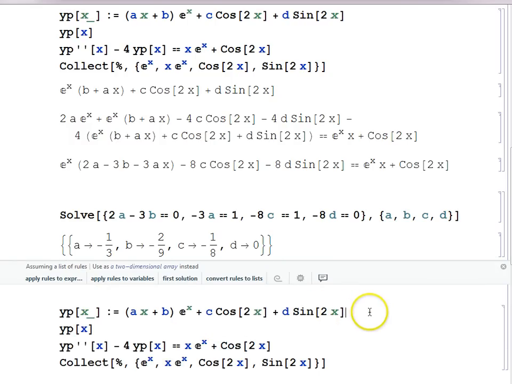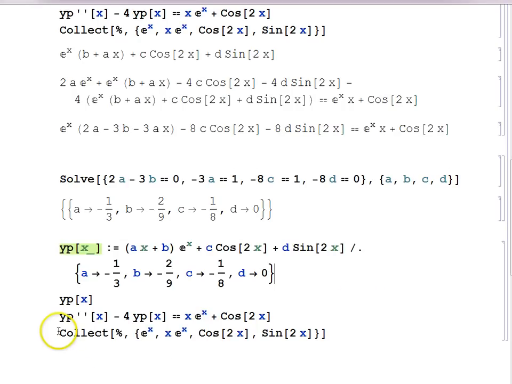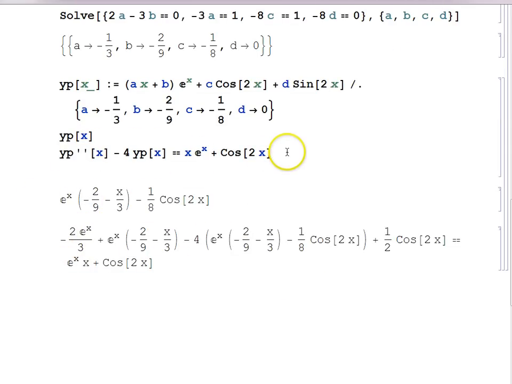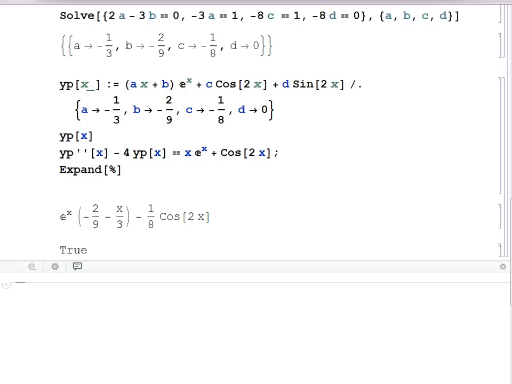Copy. I do that, and let's see how it works out. So there's the solution it's suggesting. That doesn't look like it's going to come out to be 0, but let's make that quiet, take it and expand it out and see if it figures out anything. Lo and behold, it's true.